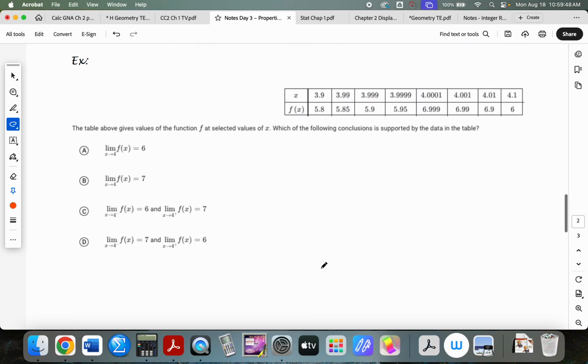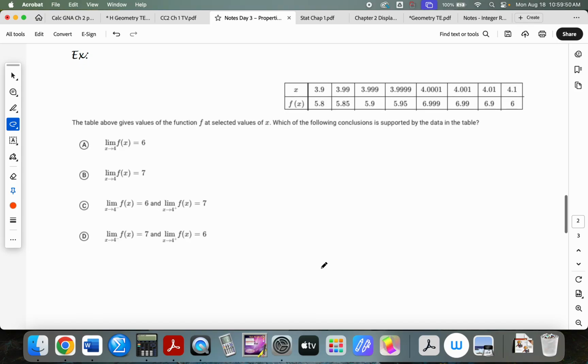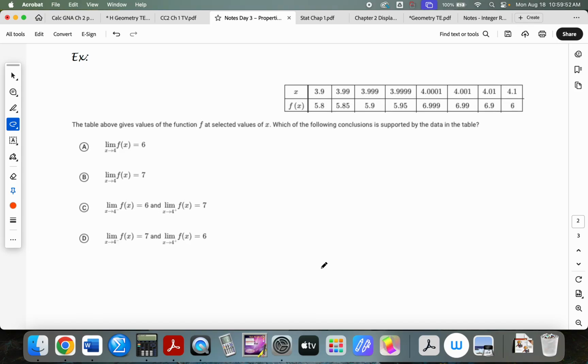All right, let's take a look at this one. The table above gives values of the function f at selected values of x. Which of the following conclusions is supported by data in the table? Not necessarily what's true, but is supported by the data in the table.